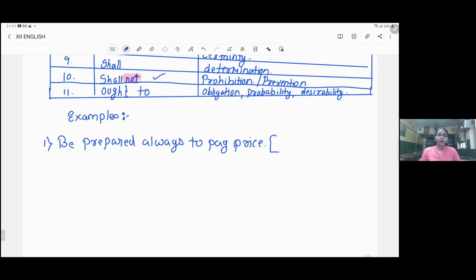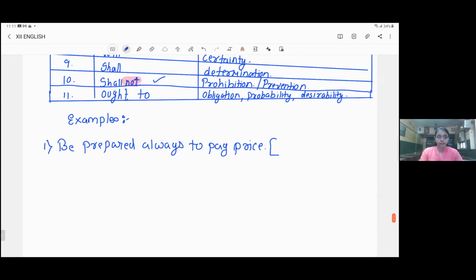In bracket, bracket open, you all are writing: rewrite using a modal auxiliary showing suggestion. Not we, it will come you.